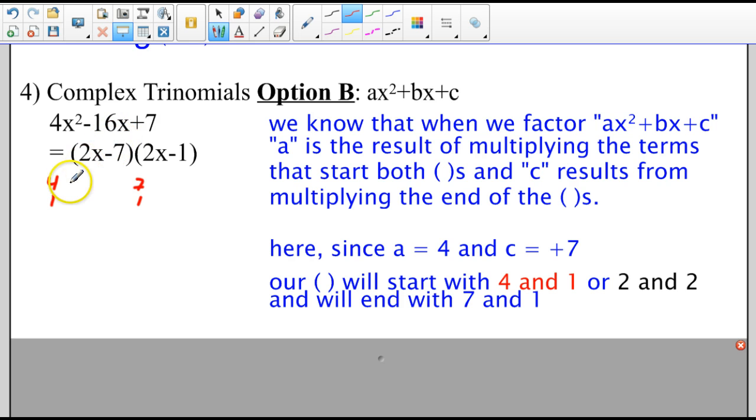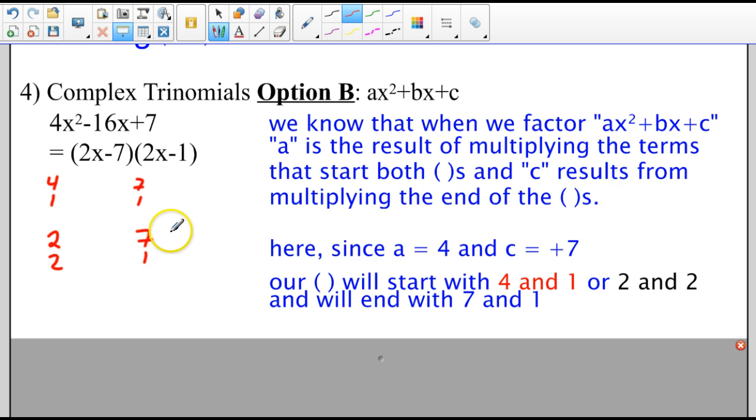Of course it doesn't. Other possibilities would be the 4 times the 7 and the 1 times the 1. Clearly 4 times 7 is 28, and 1 times 1 is 1. Those two numbers don't add up to the 16 in the middle. So I'm going to have a combination of 2, 2 and 7, 1.